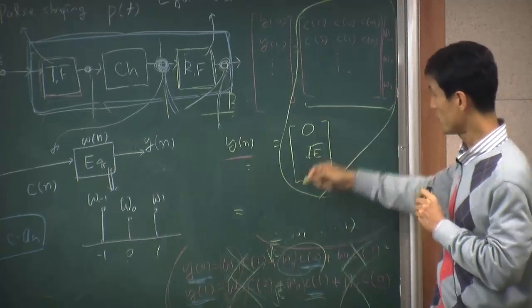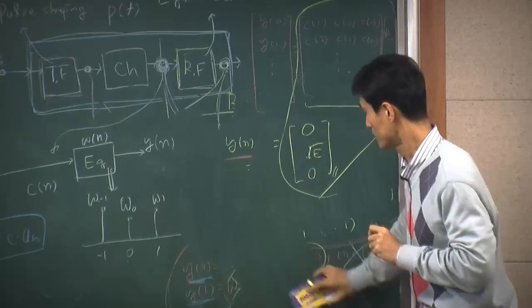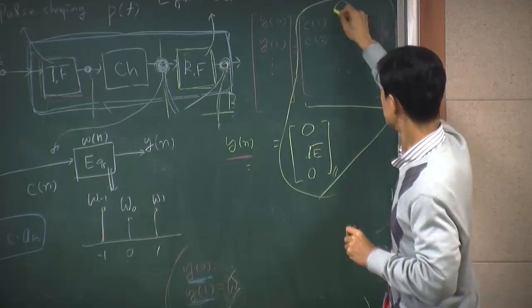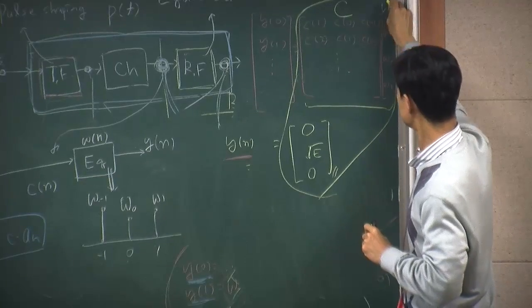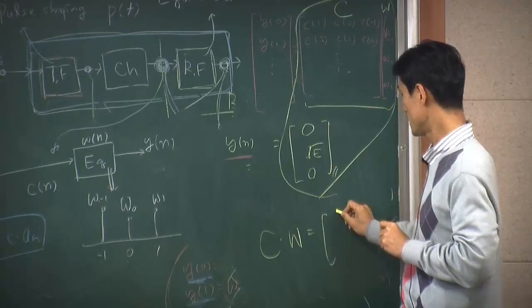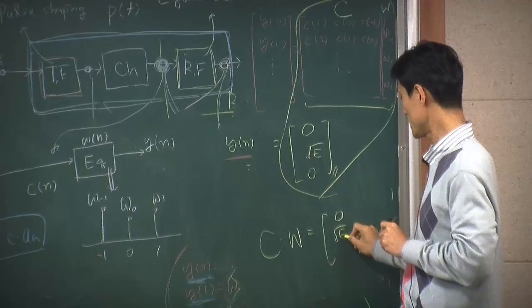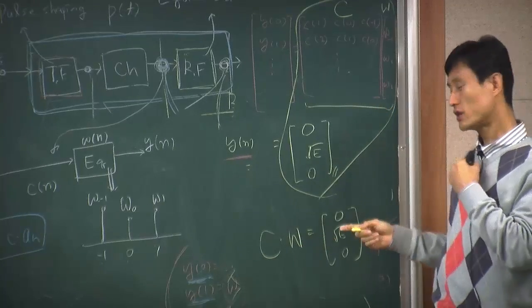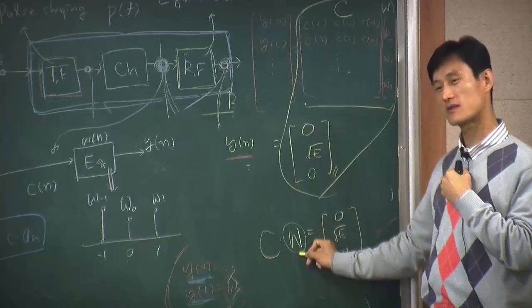So simply, when I write this matrix equation, I can write this whole matrix as C, and this whole matrix is W. So C matrix times W equals square root of E times this vector with a 1 in the middle. This is the relationship, and what we want to know is the W matrix.